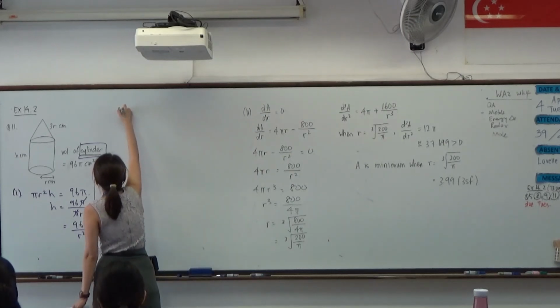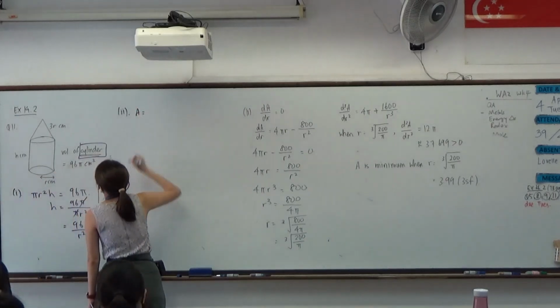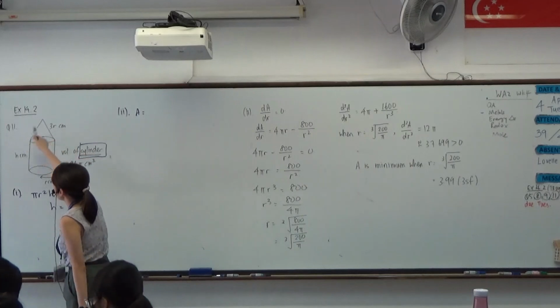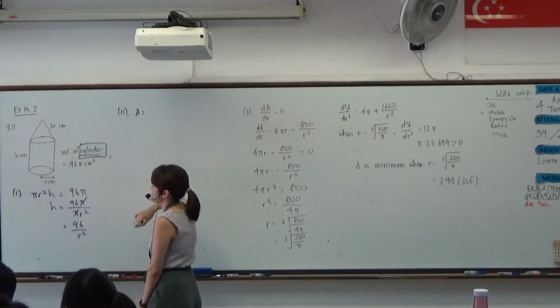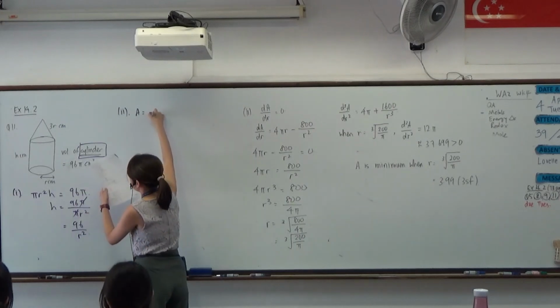Then in part 2, we want to find the total surface area of the entire thing. Total surface area A is made up of the surface area of the cone and then also the surface area of the cylinder. For the cone, it will be pi RL.